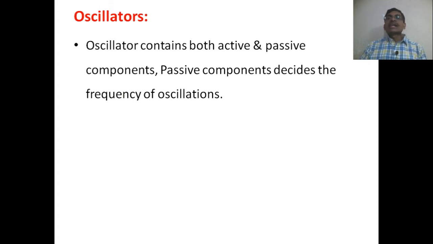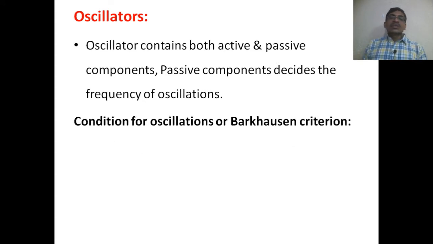Diodes and transistors are called active components, and devices built using those active components, such as the op-amp, are also called active components. Along with the active components, we have some passive components in the oscillator circuit in order to decide the frequency of oscillations.